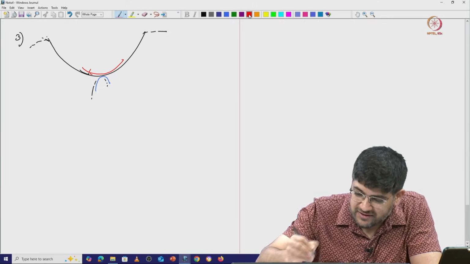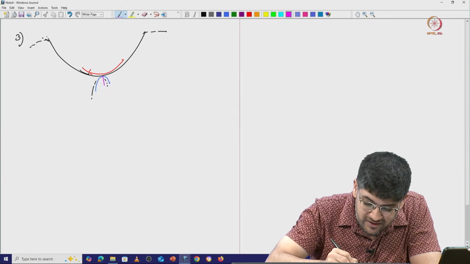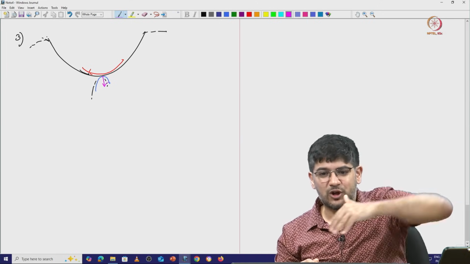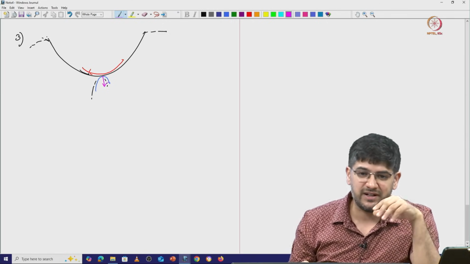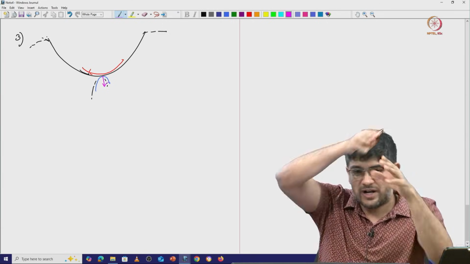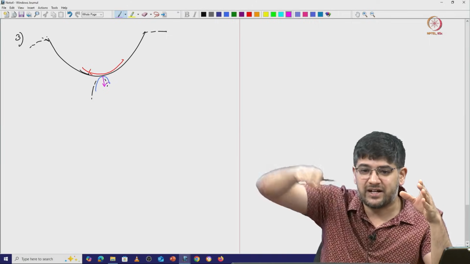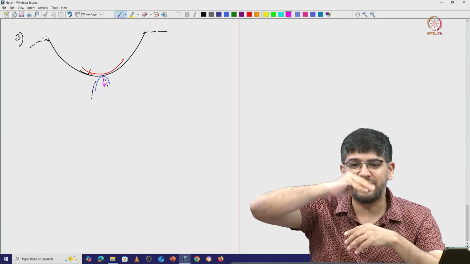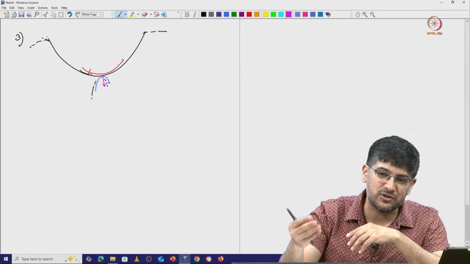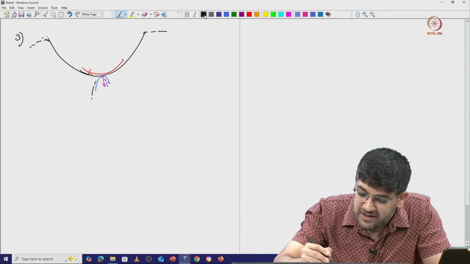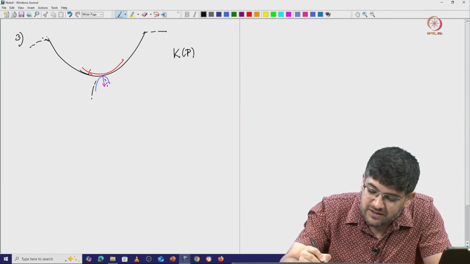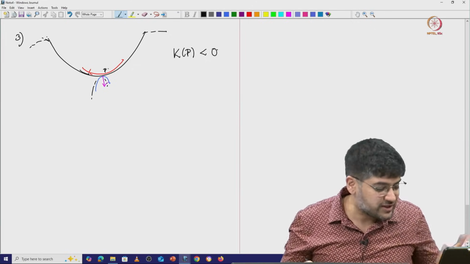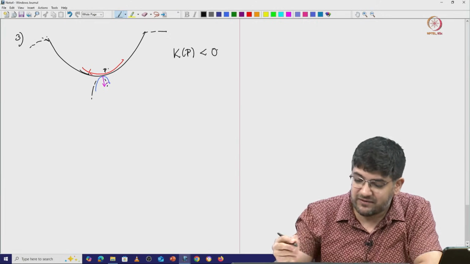Let us take the normal vector to be this vector. Then if you traverse along the red path, you are moving away from the normal vector, so that would give you a negative principal curvature. On the other hand, if you are traversing along the blue path, you are moving towards the normal vector, so that would give you a positive principal curvature. So when you multiply them together, the Gauss curvature would be negative at this point P. Okay, so this is the prototypical example of a negatively curved surface.